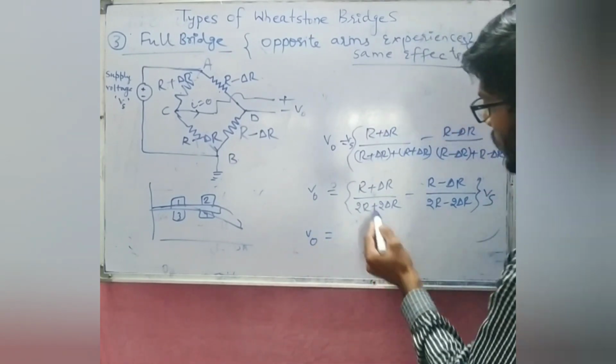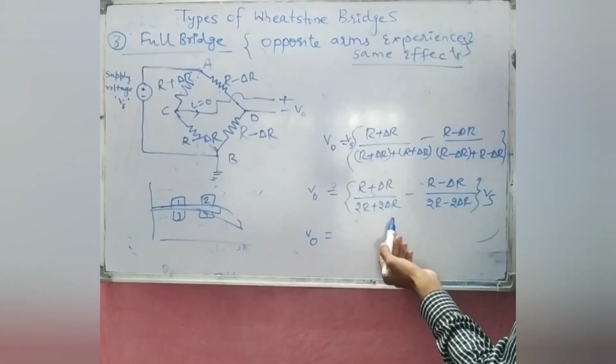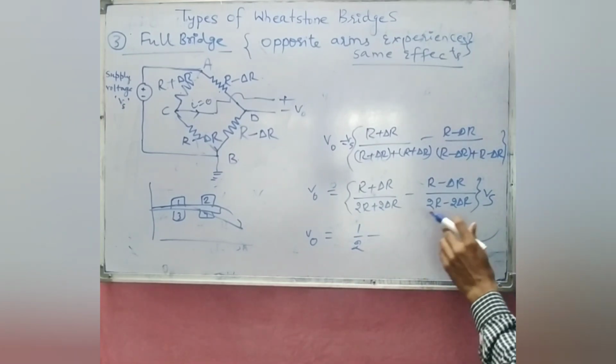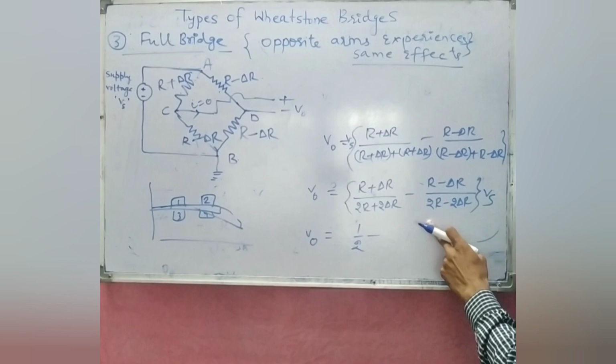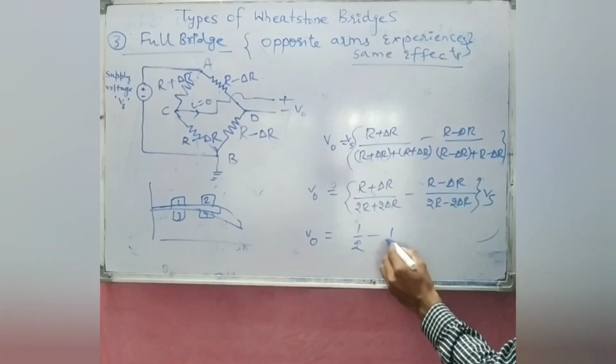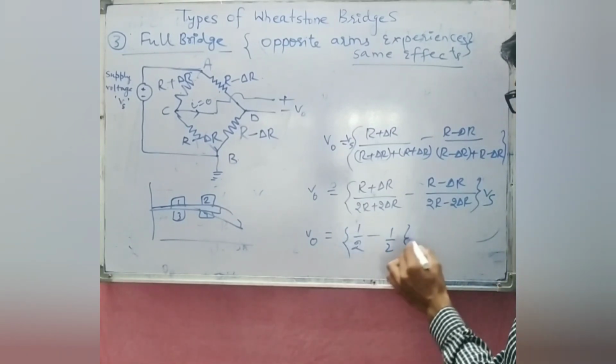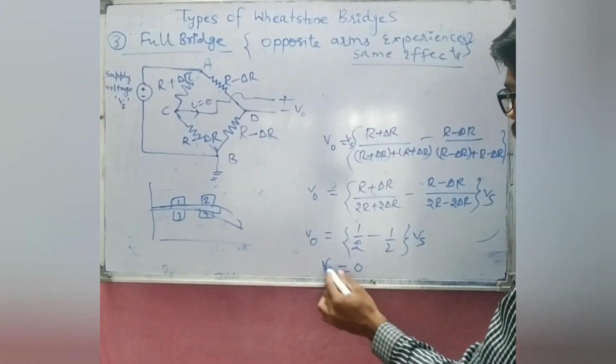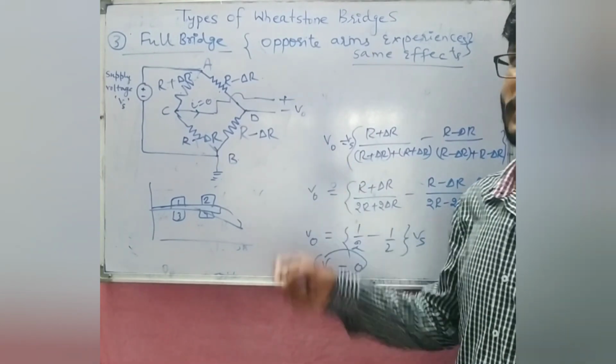Now you can see R plus delta R divided by 2 times R plus delta R, so this thing is going to be 1 by 2, and R minus delta R divided by 2 times R minus delta R is also going to be 1 by 2, and the whole thing is multiplied by Vs. So this is going to produce no deflection in the voltmeter reading.